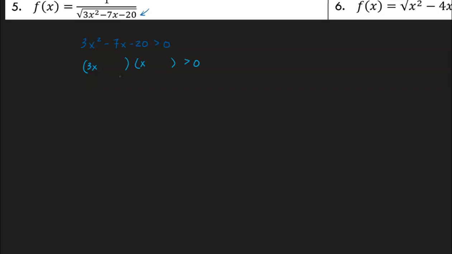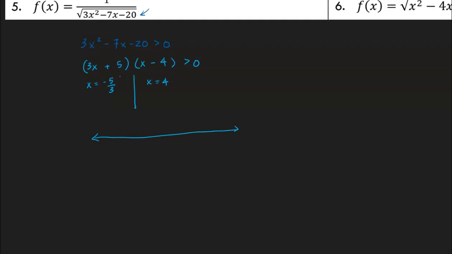I'm going to try the 5 here and the 4 here, and then I'm going to make this a minus and a plus. So it's -12 and +5. We're subtracting those two, so we get 7. So we get x equals -5 over 3 and x equals 4.